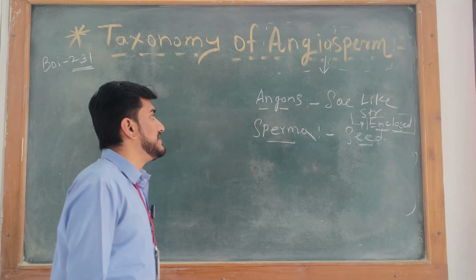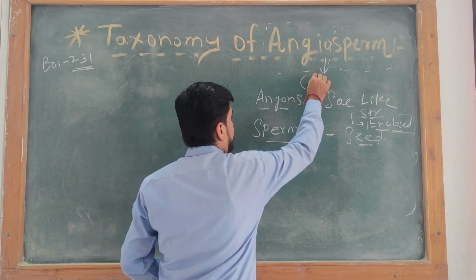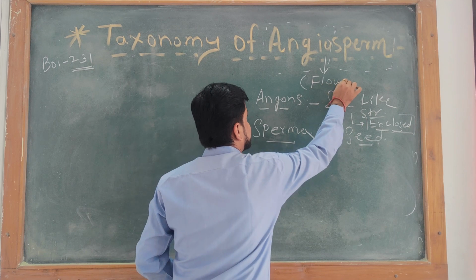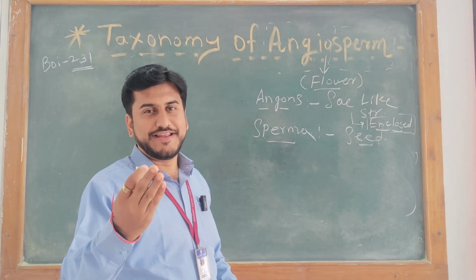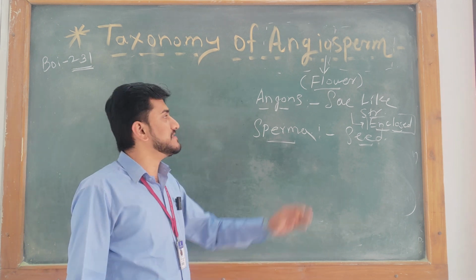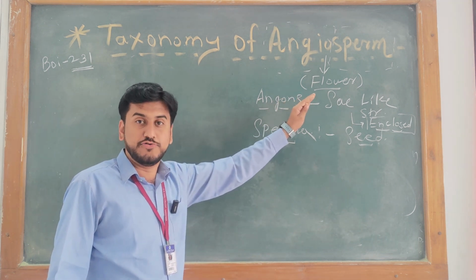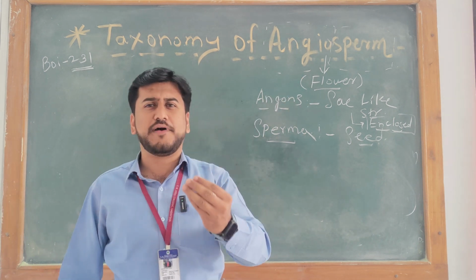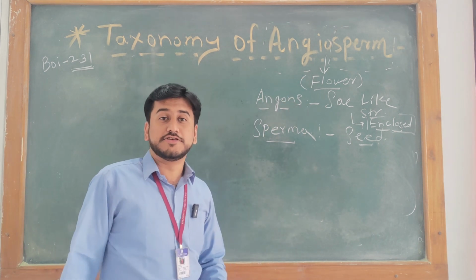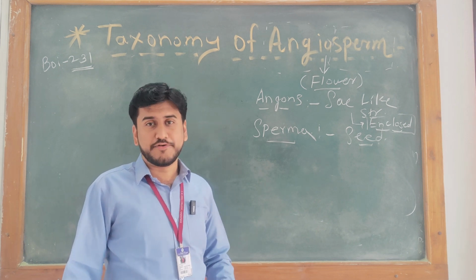This group contains the most important beautiful part in the plant body, as you very well know, the flower. So flowering plants are generally present in the angiospermic group, and this flower is the most beautiful part in the plant body, and it is also known as the reproductive part.